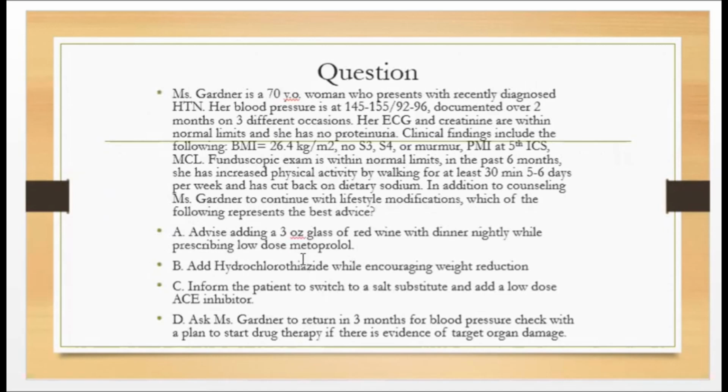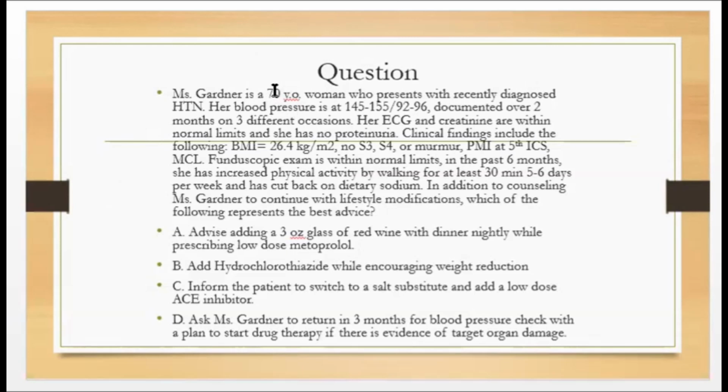So this is another long question, but try to answer it. Miss Gardiner is a 70-year-old woman who presents with recent hypertension. Her blood pressure is 145. So look at this blood pressure. This woman is 70 years old.